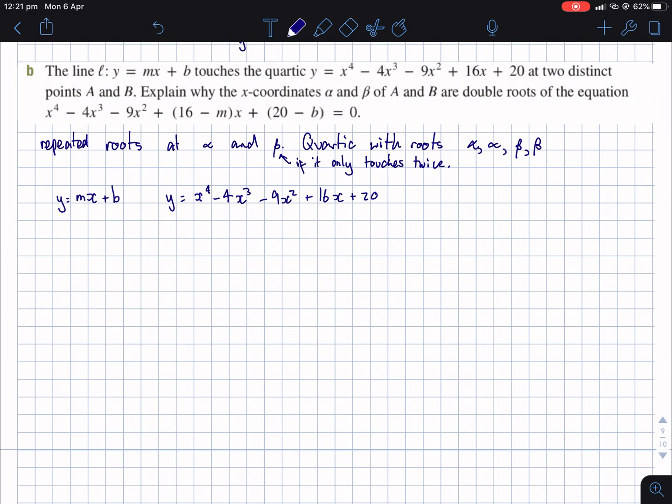Okay. So we know 0 equals x to the 4, take 4x cubed, take 9x squared, plus 16 take m x, because I've taken mx over to the other side, plus, and then now I'm taking that b over to the other side. So I've got 20 take b, and I'm going to put that in brackets as well. Okay, that's literally how they got that.